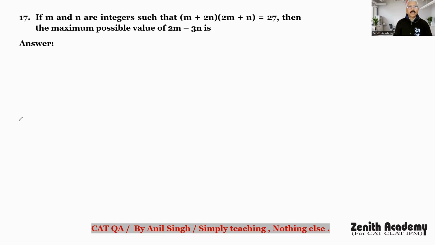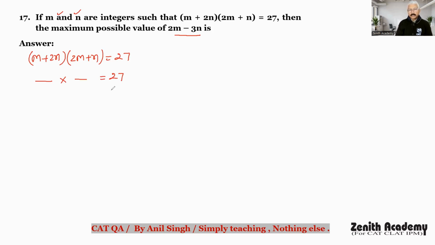Next question: if m and n are integers such that (m plus 2n) into (2m plus n) is equal to 27, then find the maximum possible value of 2m minus 3n. M and n are integers. It means the product of these two factors is 27.